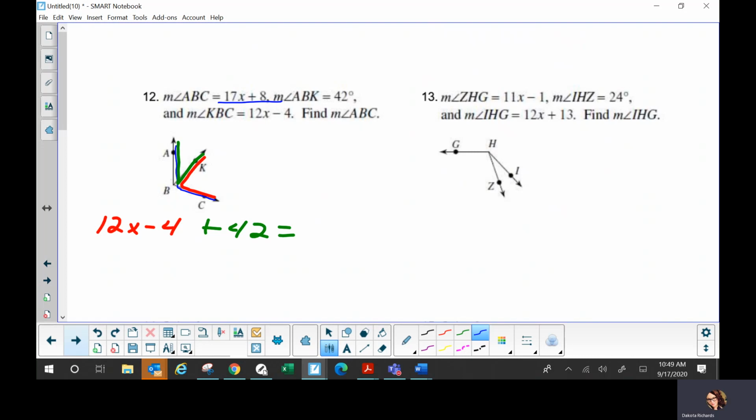What's the expression for ABC? 17x plus 8. That's how you set it up. You're going to solve for x, and then find what that is when you plug in x here.